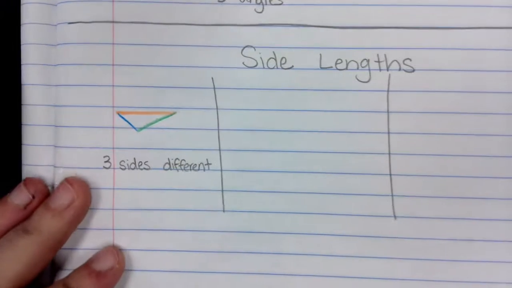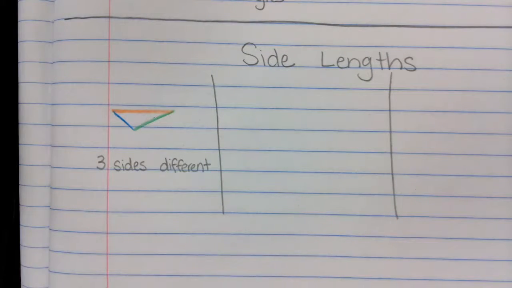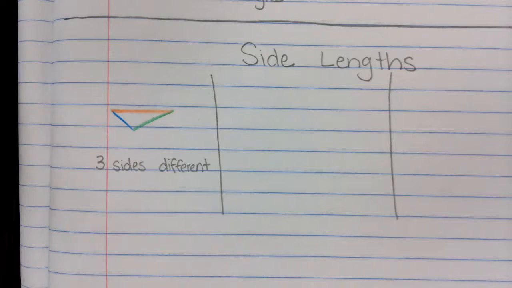To try and draw a triangle, sometimes it's hard, I know. Sometimes I can visualize it and then drawing it is just hard. So try and do it where all 3 sides are different. But then we're going to write 3 sides are different just in case yours kind of looks like mine, because mine is a little rough.